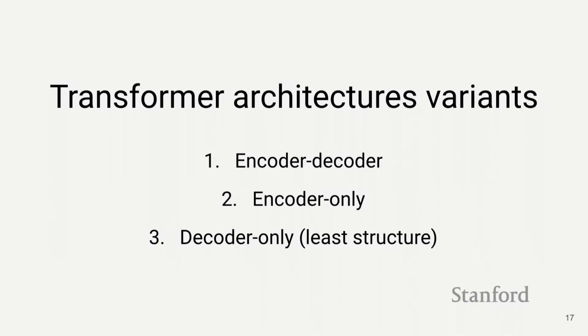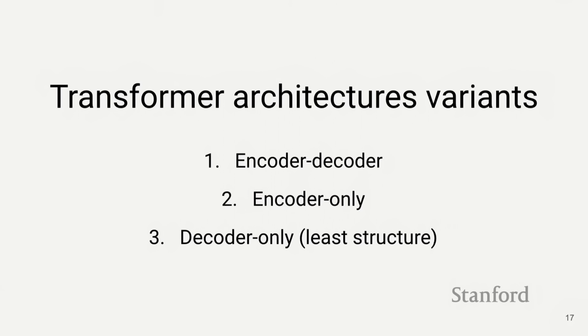So now we'll go into a little bit of the technical stuff. Transformer architecture has some variants, and I'll talk about three of them. First is the encoder-decoder, which is the original transformer, which has a little bit more structure. Second is the encoder-only, which was popularized by BERT. And third is decoder-only, which you can think of as the current GPT-3 or other language models.